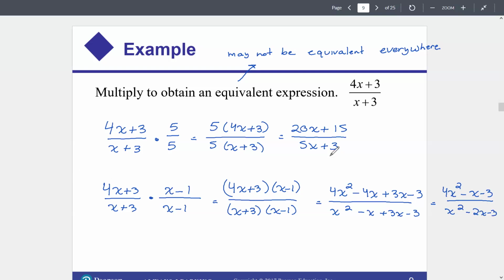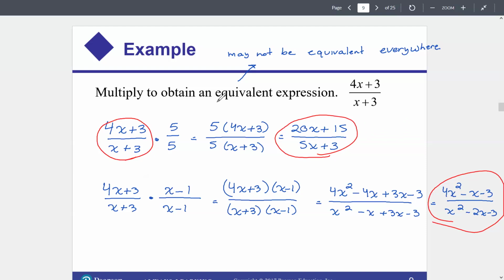And what we have here, all three of these are going to be equivalent expressions, or like I said, equivalent-esque. What we're going to see later is that they're not completely equivalent for every single value of x, but it's enough that usually at this stage in algebra, we just say that they're equivalent expressions.